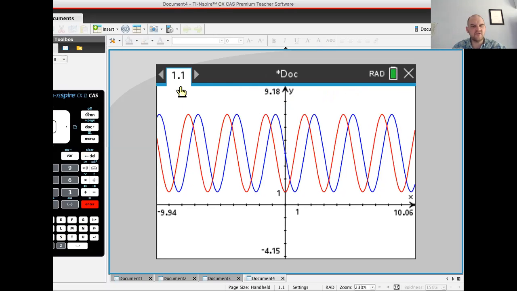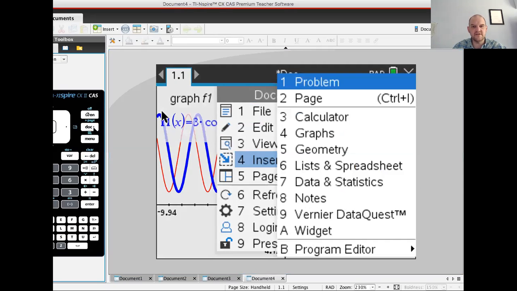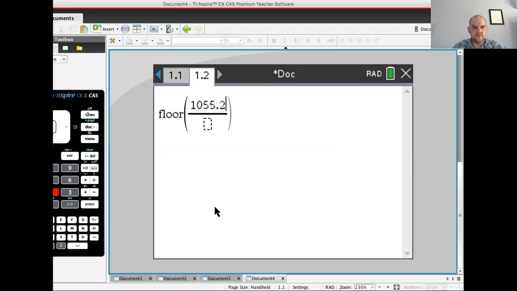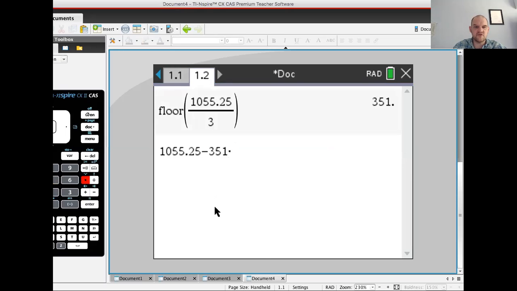If you're doing it on the calculator, you also have this option. On the calculator page, you could have done the floor of 1055.25 divided by 3. And so it's 351 full revolutions. So if I do 1055.25 minus 351 times 3, that's your principal coterminal angle.